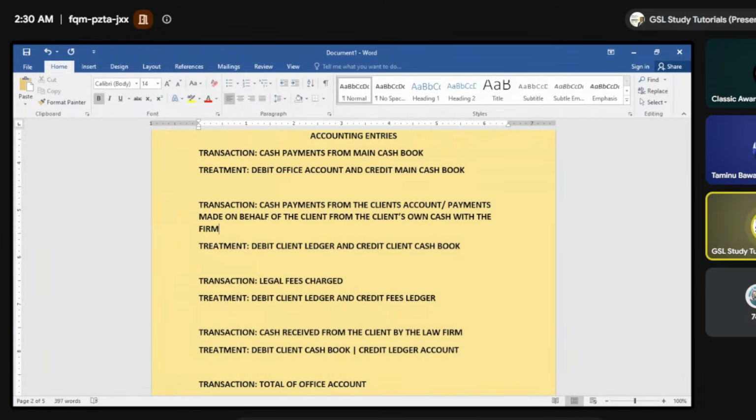Then the final settlement made by the client to the law firm. So they had the last one.